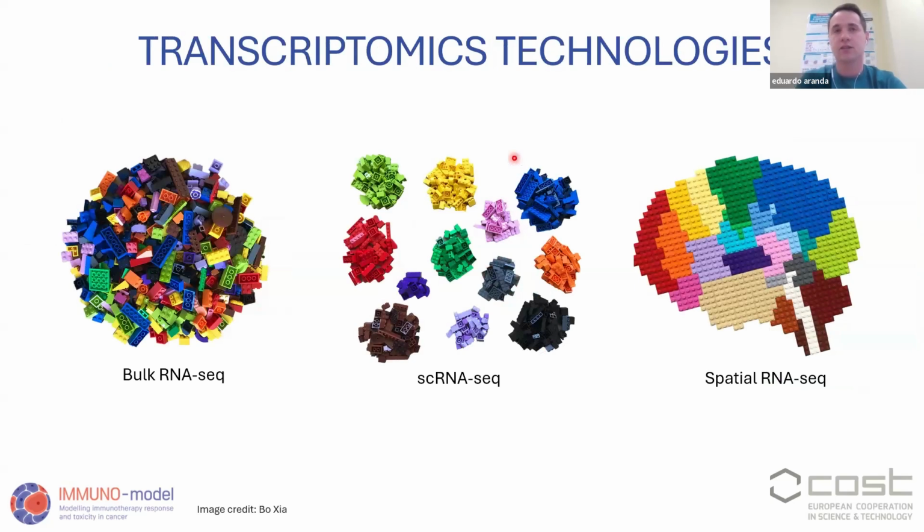There are several techniques that can be used to analyze transcriptomics, such as bulk RNA-seq, single-cell RNA-seq, and spatial RNA-seq. For example, with bulk RNA-seq, it's possible to measure the average gene expression across all cells in a sample, but we can't know which cell types express each gene because all cellular signals are averaged together.